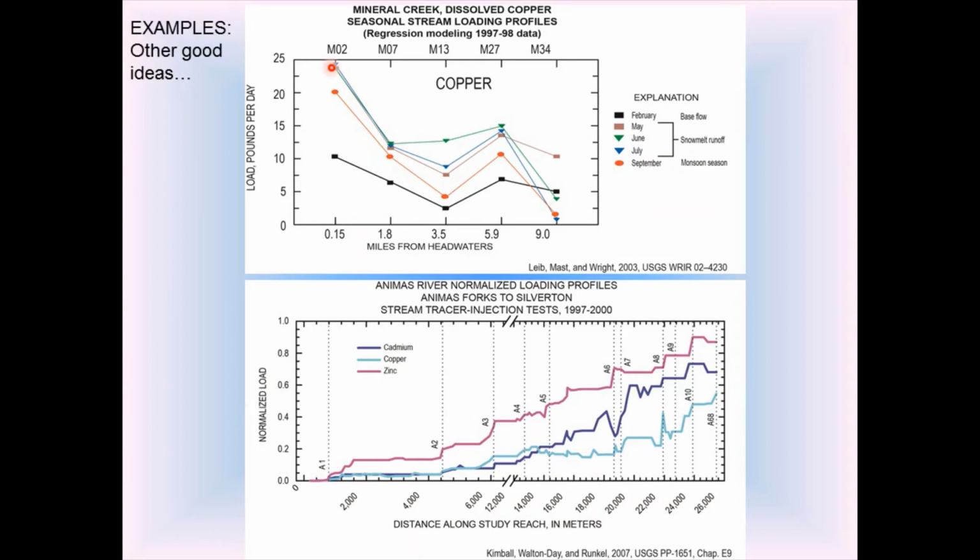This loading profile starts at M2 near Red Mountain Pass, goes to M34, Mineral Creek at Silverton. You can see these loading profiles. The highest one looks like it's June. The lowest profile here is February.